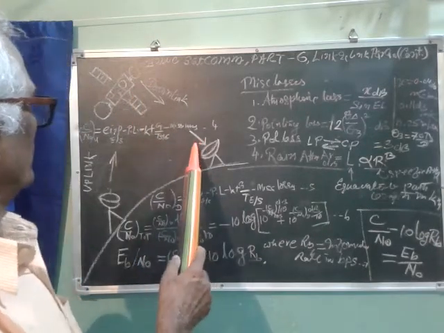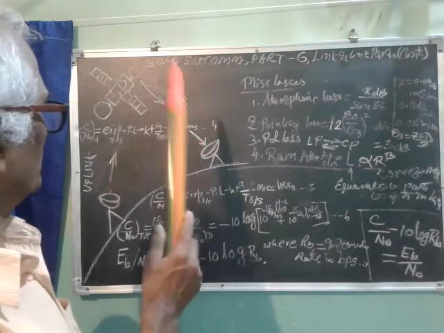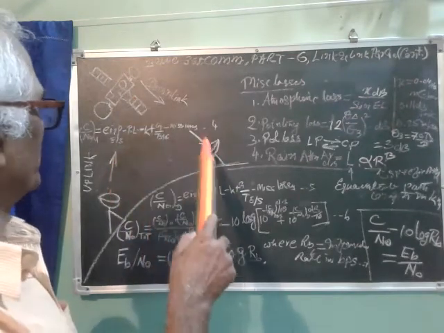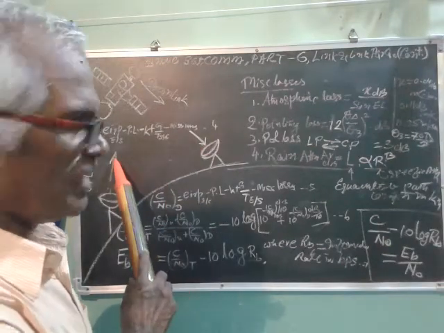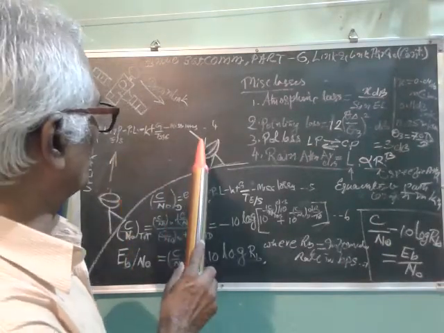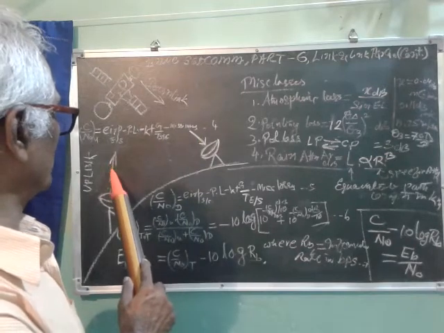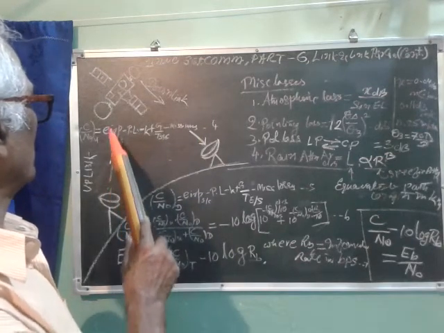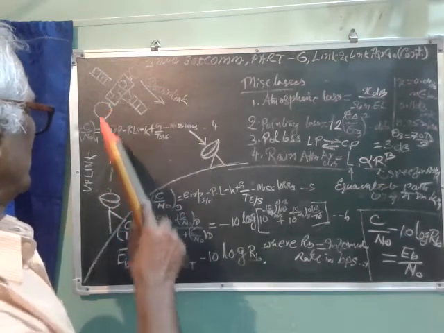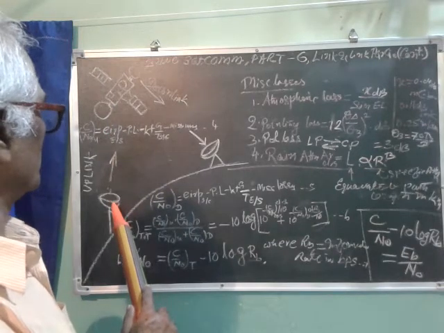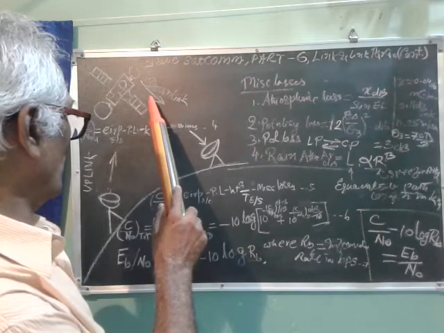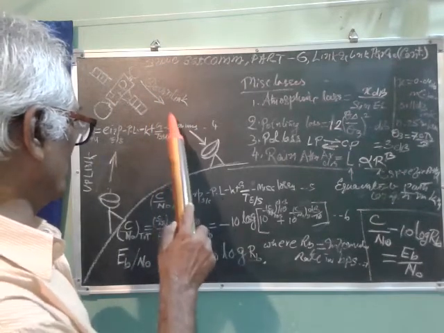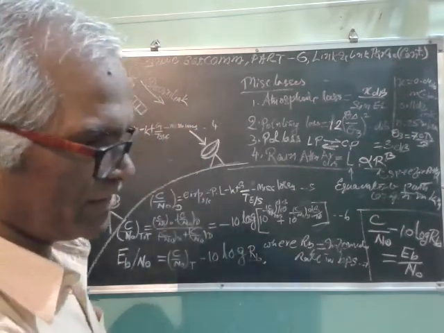vertical, that means generally we will opt, say this communication takes place in C band. In C band, uplink will be 6 gigahertz and downlink will be 4 gigahertz. If 6 gigahertz is horizontal, then both the satellite receive and ground station transmit will be horizontal polarization, and downlink will be 4 gigahertz with vertical polarization.